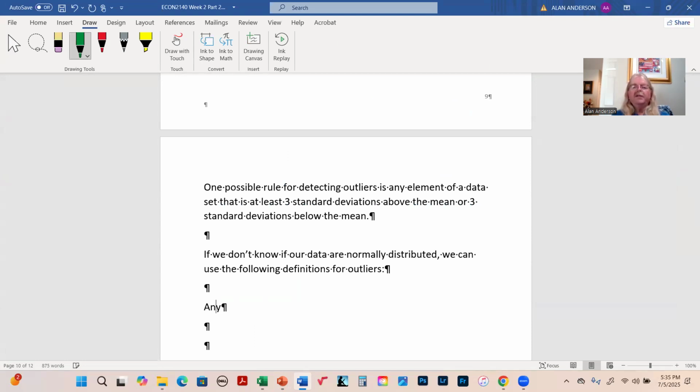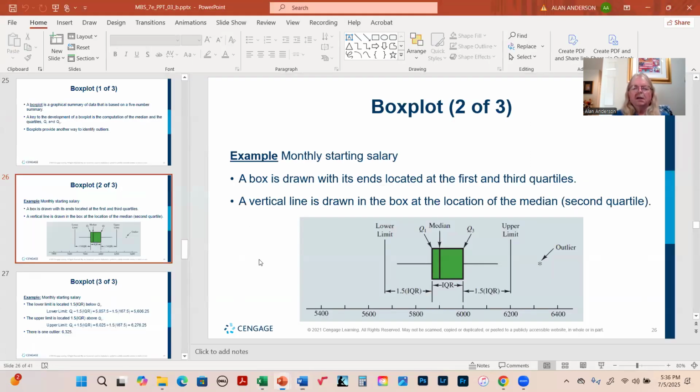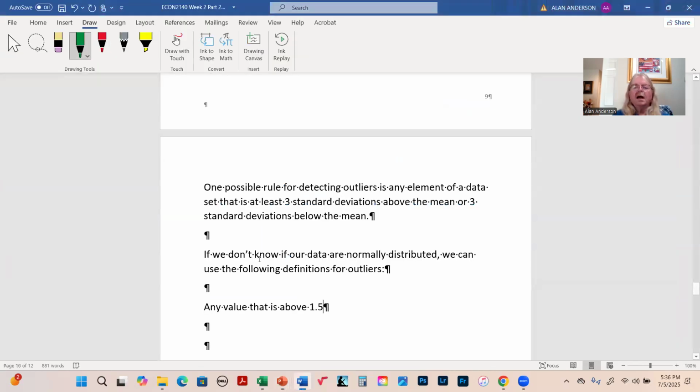Any value that is more than 1.5 times the IQR, which is the interquartile range, above the third quartile, or any value that is more than 1.5 IQRs below the first quartile.